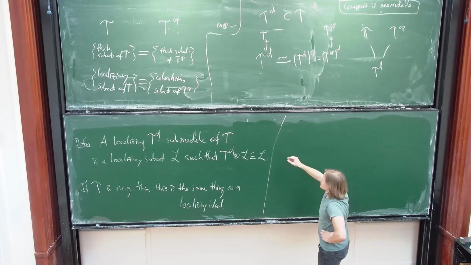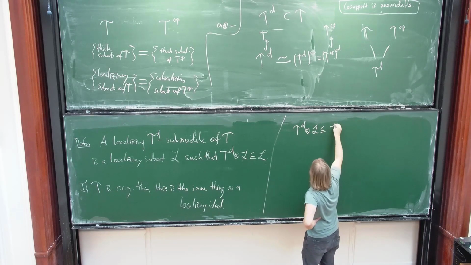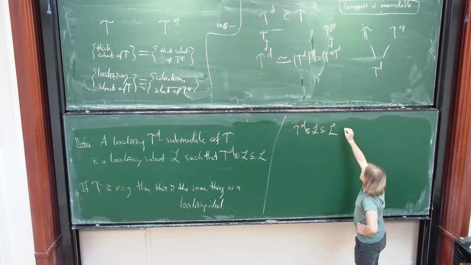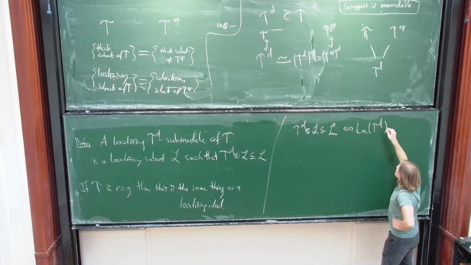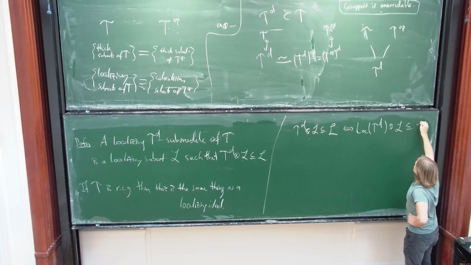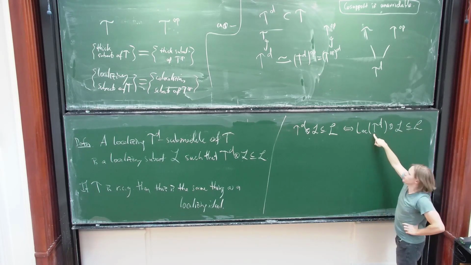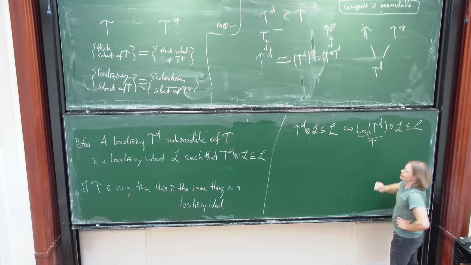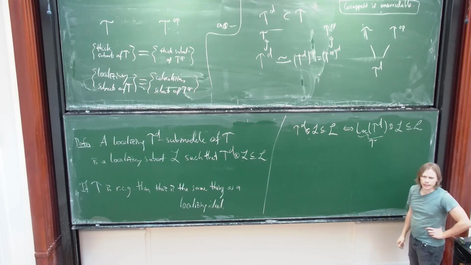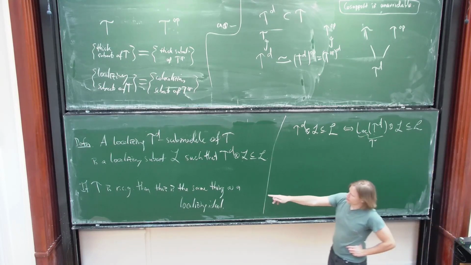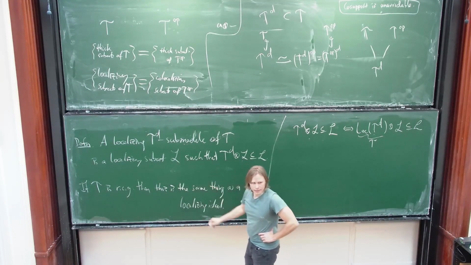Well, because this condition here is like a little lemma, saying that this is the case is equivalent to saying that loc, the localizing subcategory generated by TD tensor L, is contained in L, and T is generated by dualizable objects. This is T. So saying that you're closed under tensor by TD is equivalent to saying you're closed under T. So in a rigidly compactly generated category, the localizing TD submodules are exactly the localizing ideals.